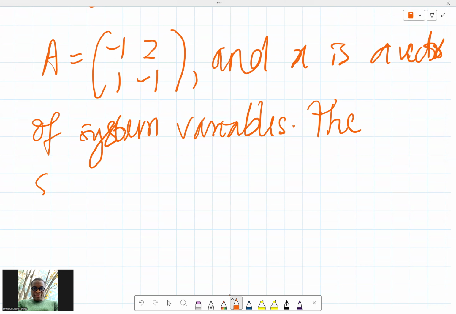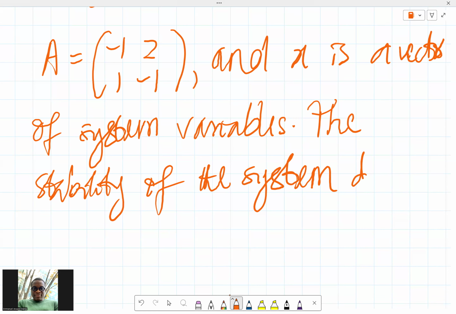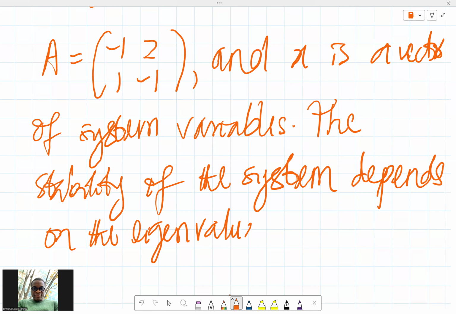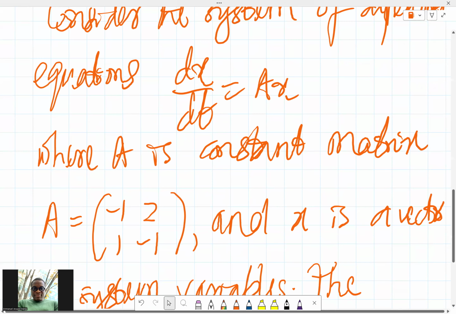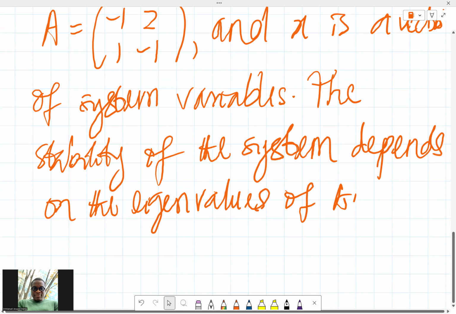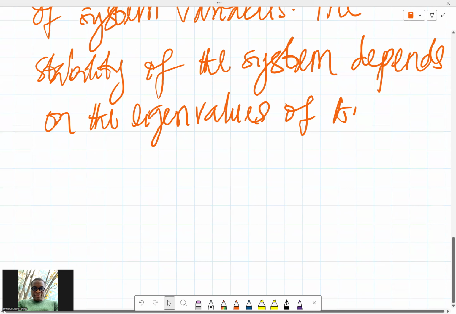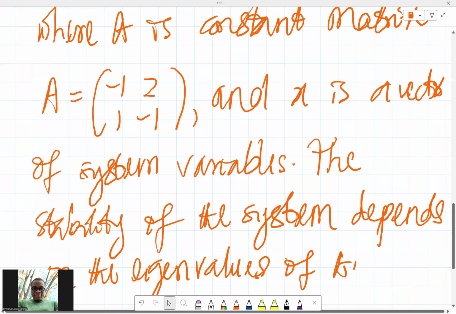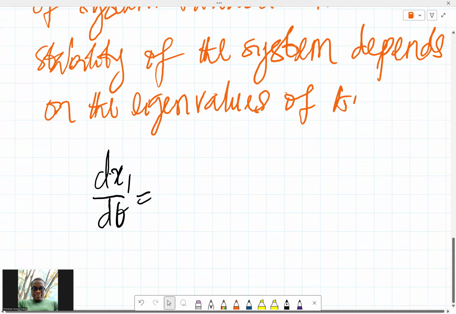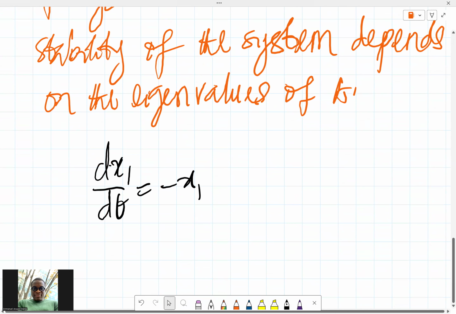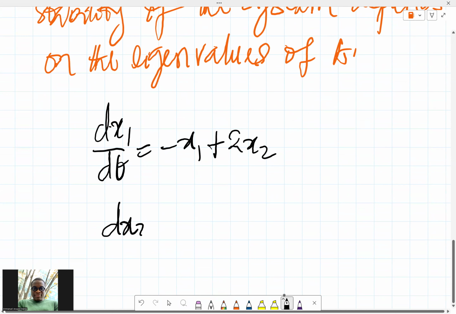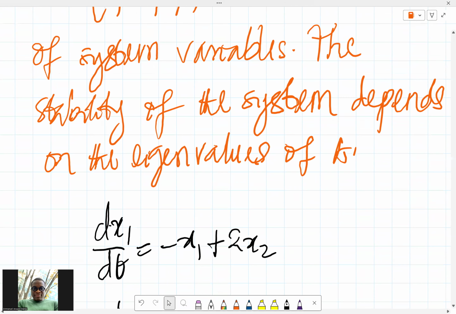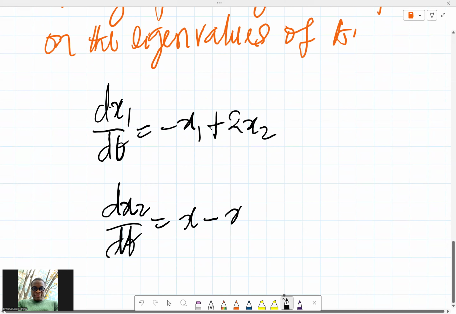So the stability of the system depends on the eigenvalues of A. If you want to rewrite that problem, you can have it like dx1/dt is equal to -x1 plus 2x2, whereas dx2/dt is x1 minus x2.